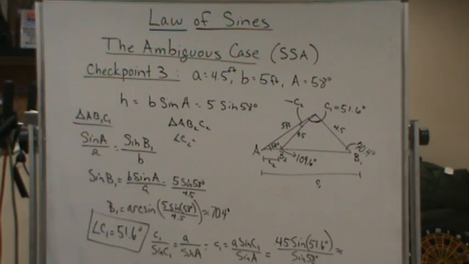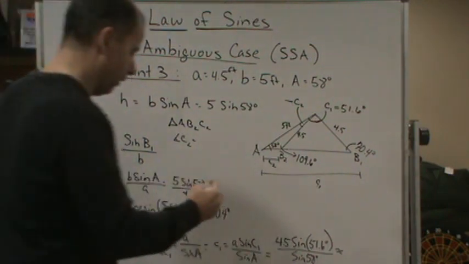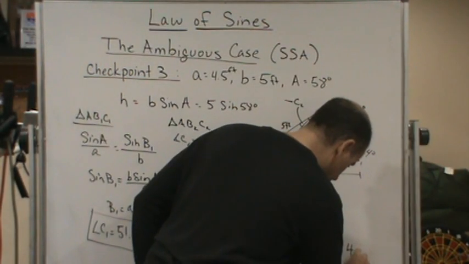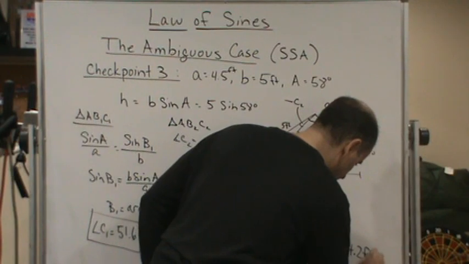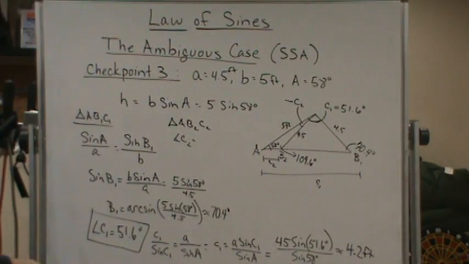So it's going to be 4.5 times the sine of 51.6 divided by sine of 58. There we go. Much better. 4.2. All right. 4.2 feet. All right, much better. Now that makes more sense.